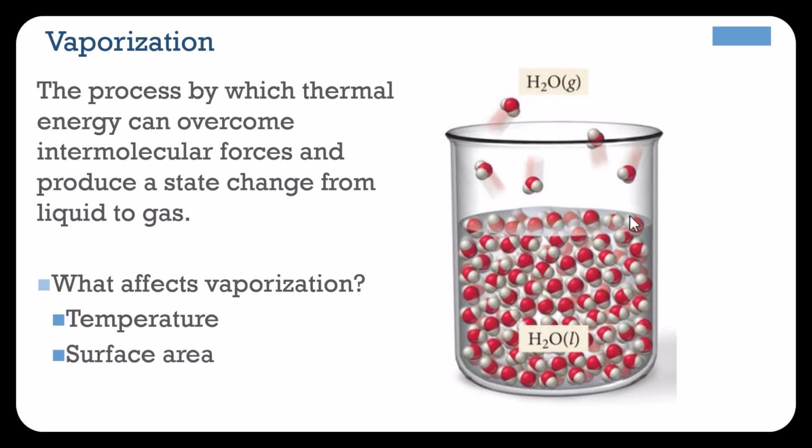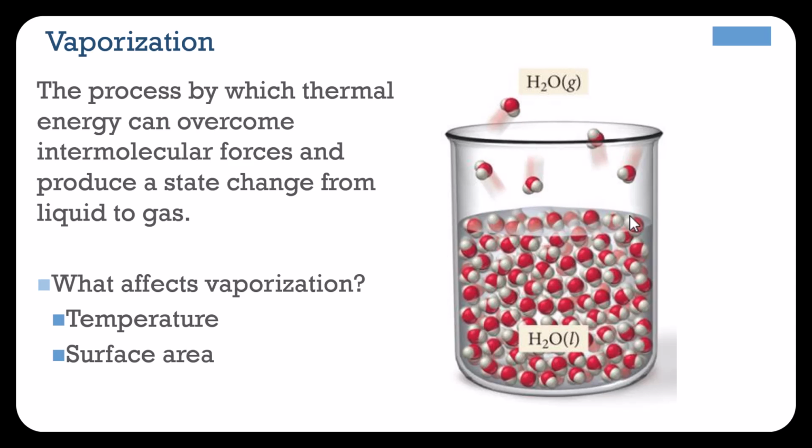Surface area is also a factor. If only the particles at the surface are available to vaporize, then if we increase that surface area, that's also going to increase the number of particles that are available to vaporize.